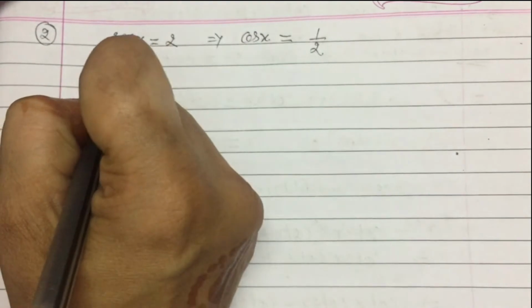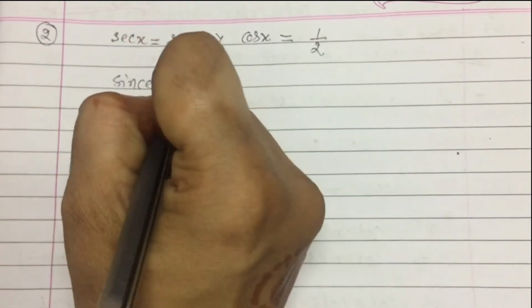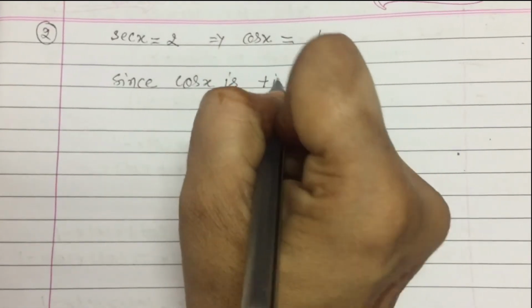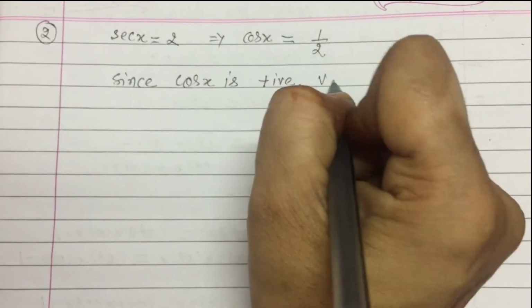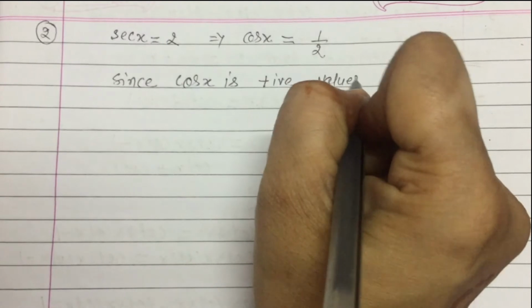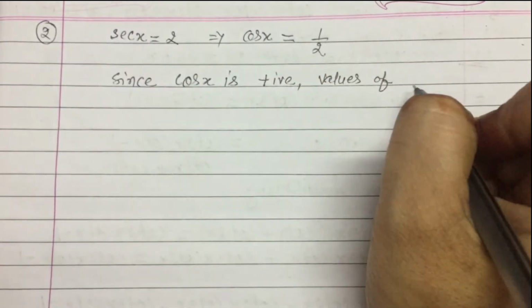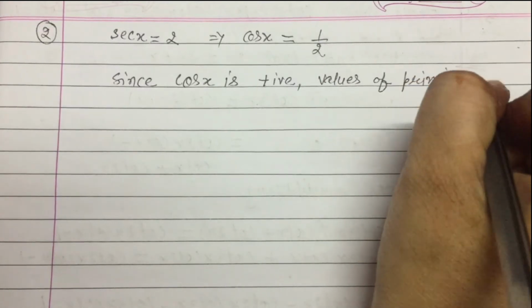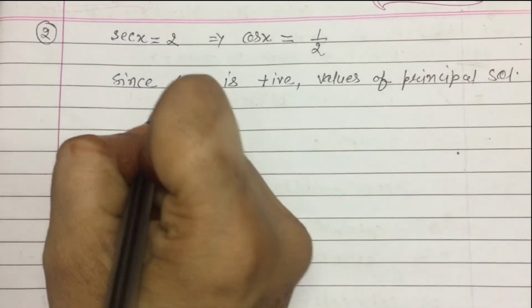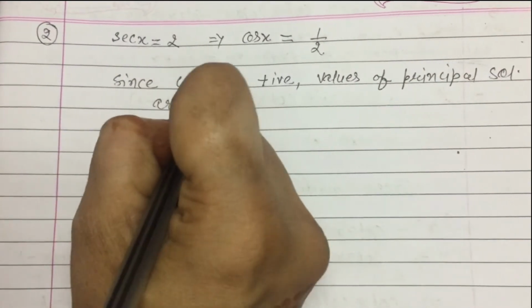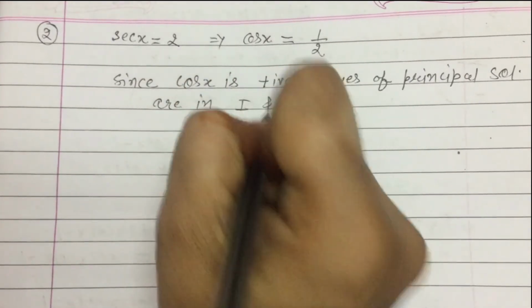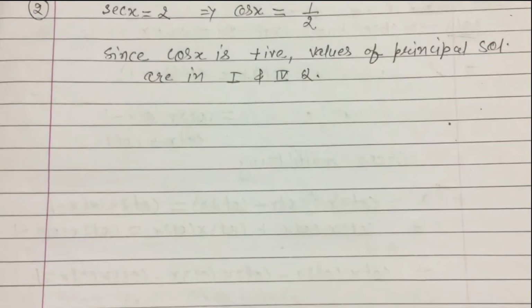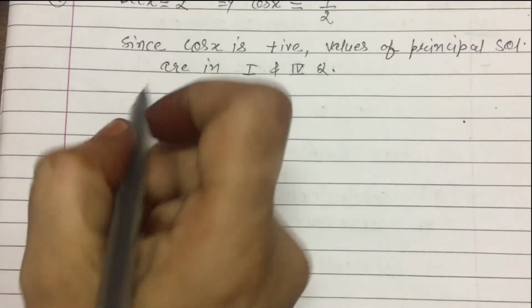So we have to write, since cos x is positive, the values of principal solution are in the first and fourth quadrant.